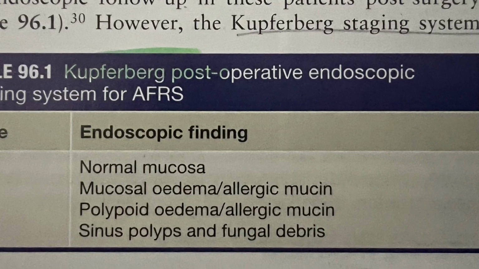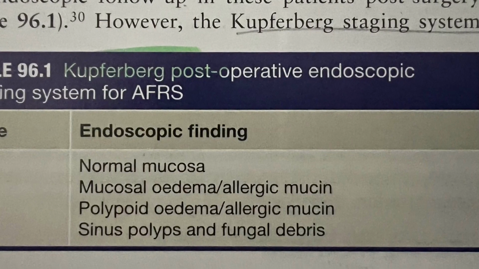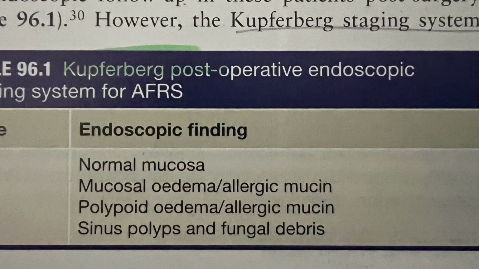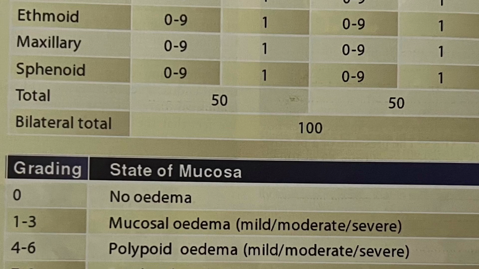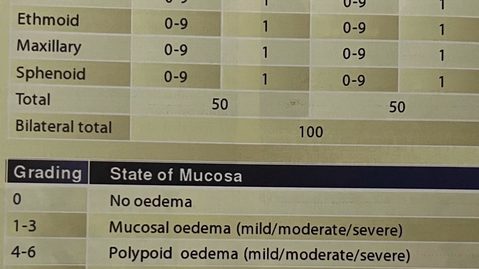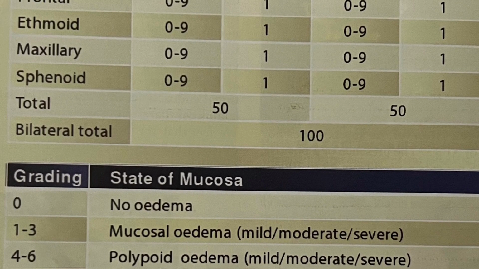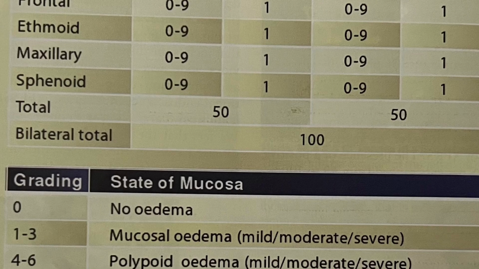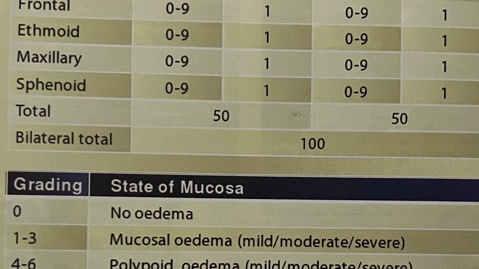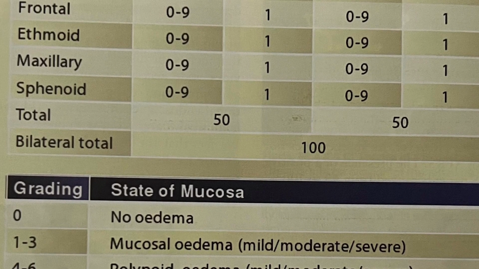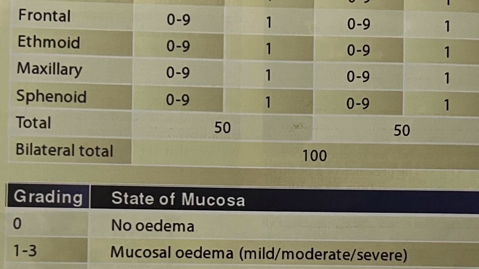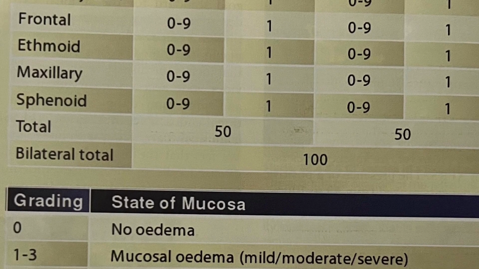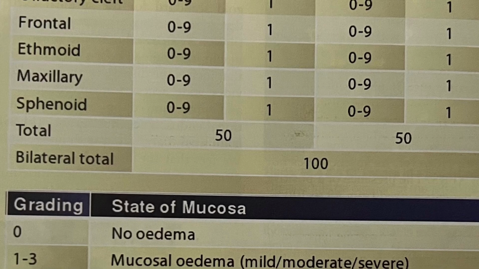So a new staging system was proposed in 2010, that is the Philpott-Jaber system. The Philpott-Jaber system is much more sensitive and allows for better tracking of disease control postoperatively. In this system, there is the sinus cavity right and left, and allergic mucin present in both cavities.